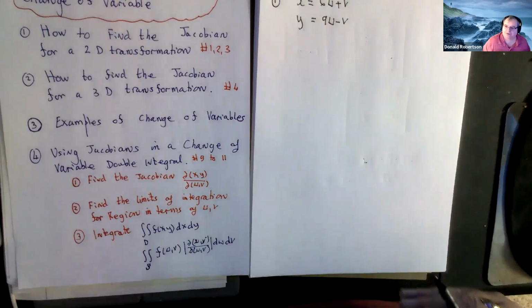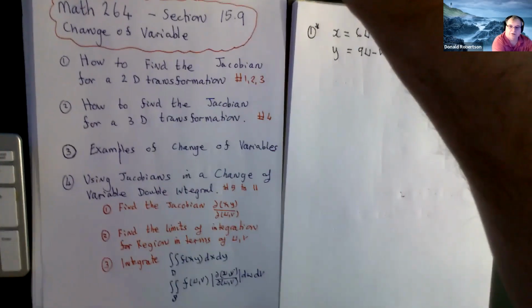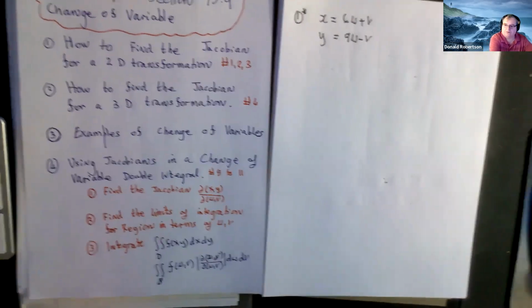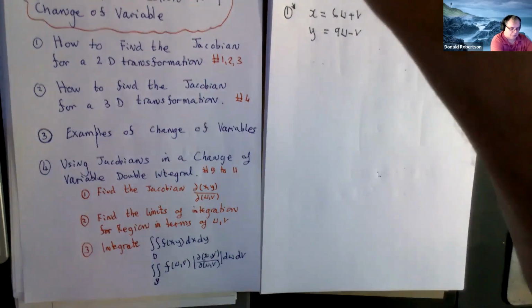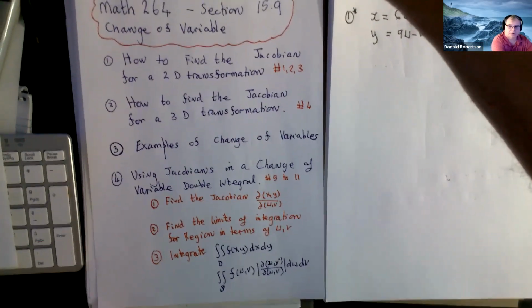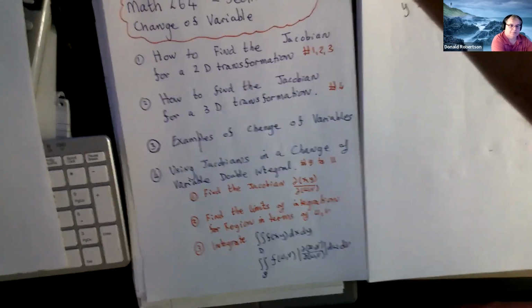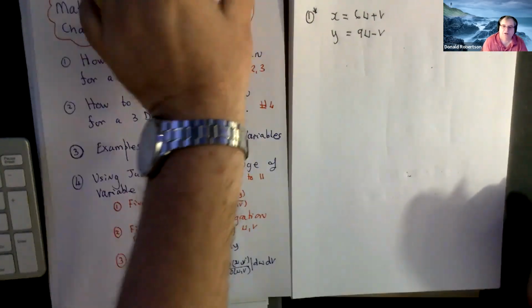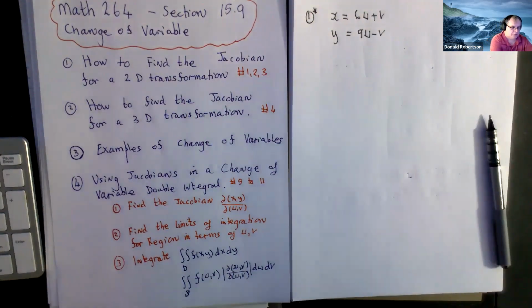I'm still not 100% happy with the angles that these are pointing at. Sorry about this, but I won't get this camera position right. I end up cutting things off.